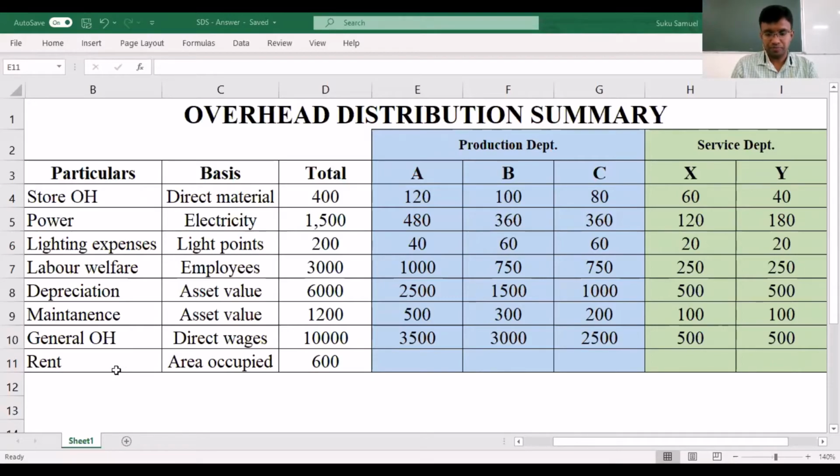So let's go about it. 800 divided by 2,400 into 600. Next one, 600 divided by 2,400 into 600.